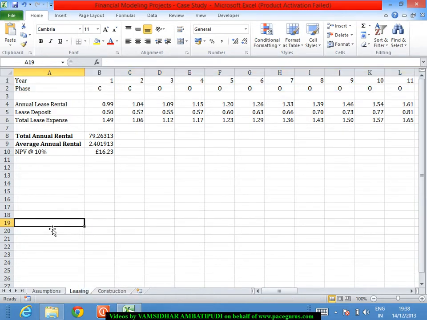Because the construction related calculations will be applicable wherever the year is a construction year, whereas the operations related calculations will be applicable wherever the year is an operations year. But what we will do is maintain consistency across, so as not to create any kind of differentiation in the process.